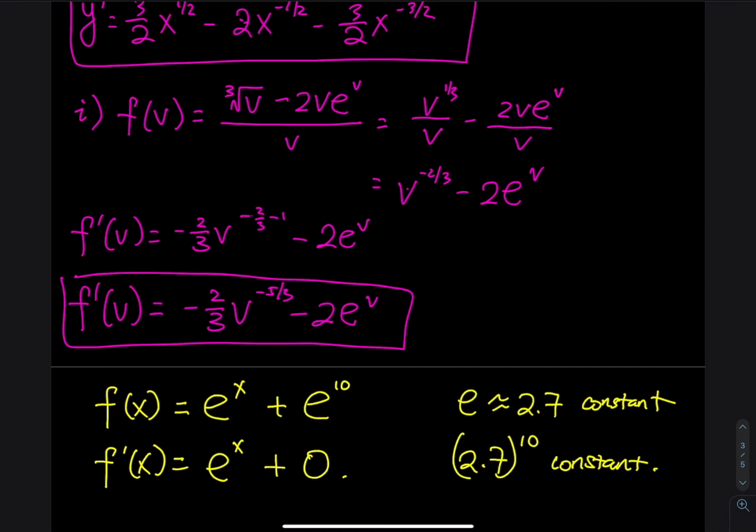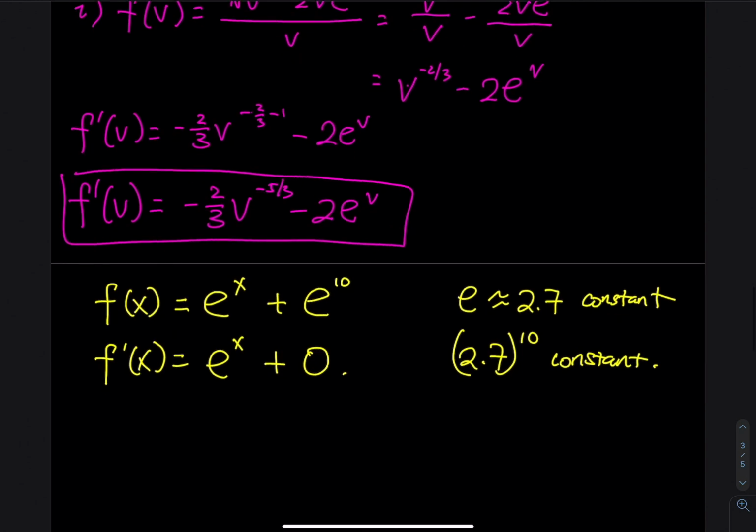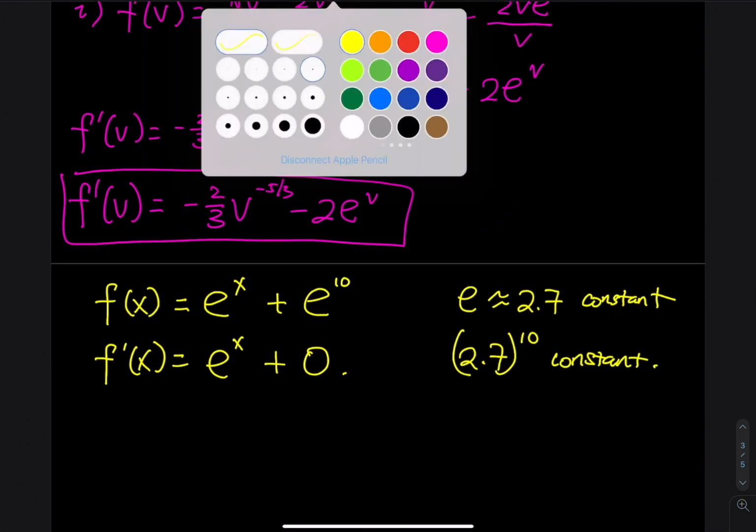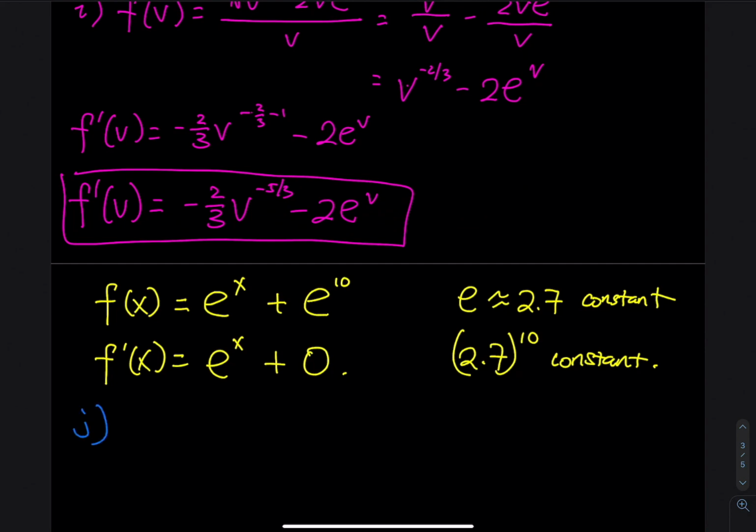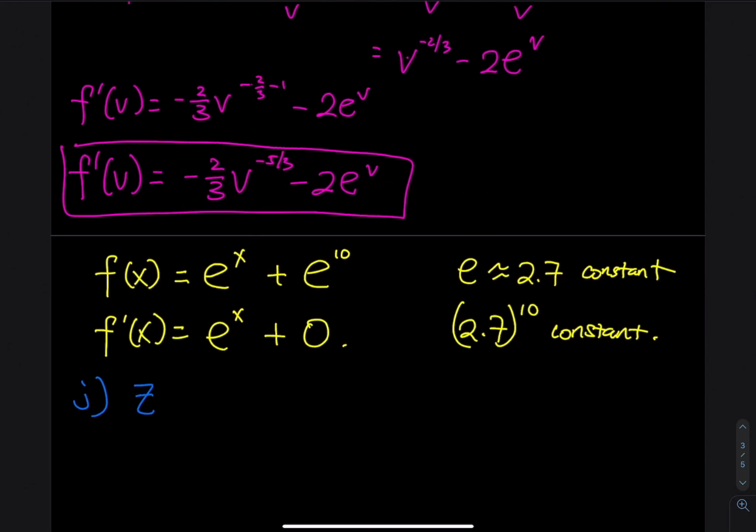All right, so now we move on to the next problem. So let's do part J. So part J, we have z equals a divided by y to the 10, plus b e to the y. Sometimes when you check out a problem in the book, they write z equals, but I don't really like this way because if you have z equals, then which one is a variable?